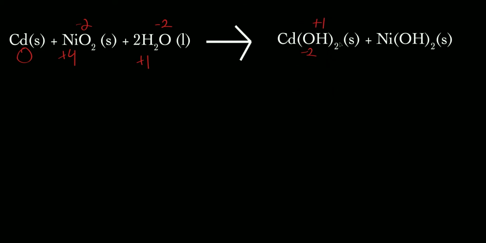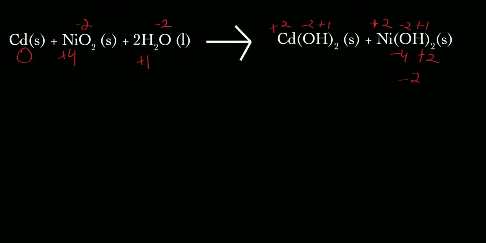Therefore, our cadmium must have a +2 to counter that. So -2, +1. Let's look over here. Same thing. -2, +1. We have 2 of them, so -4, and 2 hydrogens, +2. -4 + 2 is -2. So this guy over here is +2.